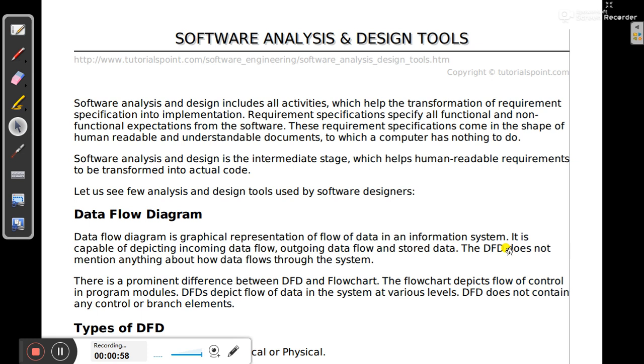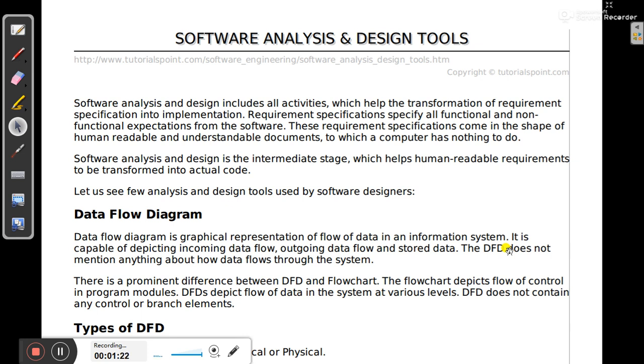Intermediate step means before going to develop the real system, or after the initiation of developing the system. This is like analysis and design is the intermediate stage.